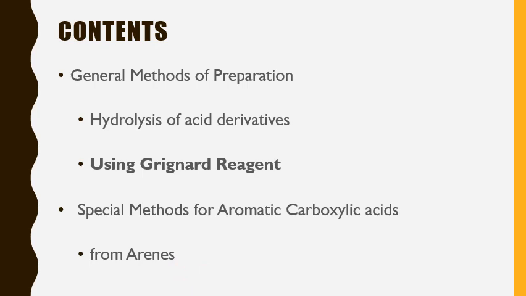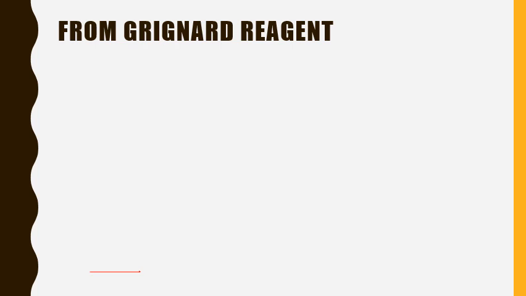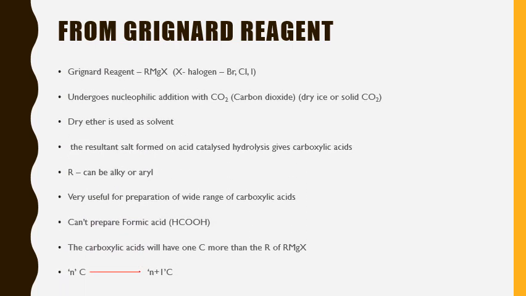So let's have a look at this. First is Grignard reagent. What is Grignard reagent? As you know from your intermediate days, Grignard reagent is an alkyl magnesium halide or aryl magnesium halide, whatever it may be, and it is represented as RMgX, where R can be aliphatic or aromatic, Mg represents magnesium, and X is a halogen.